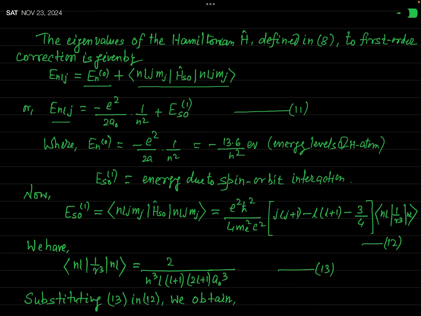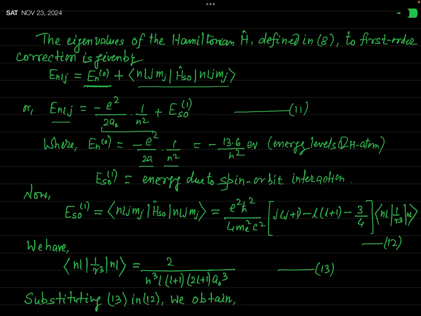But for the hydrogen atom, the energy of this atom in the nth quantum state is given as minus e square over 2a times 1 over n square. So in CGS units, instead of this E n 0, I have written this much.